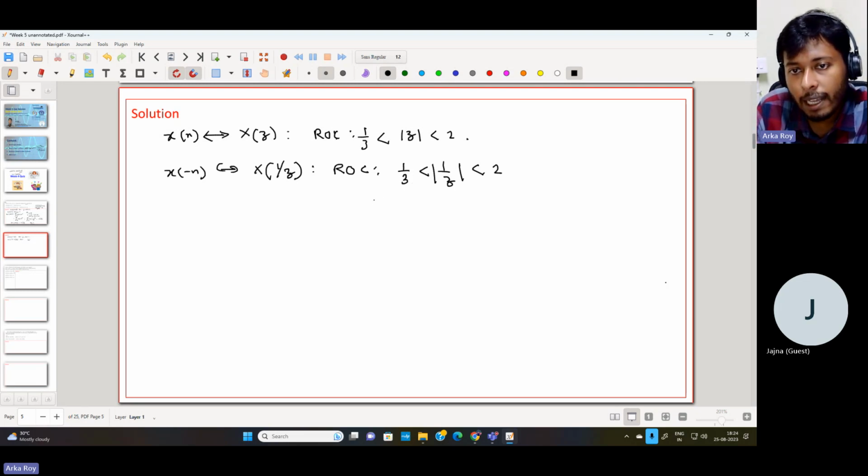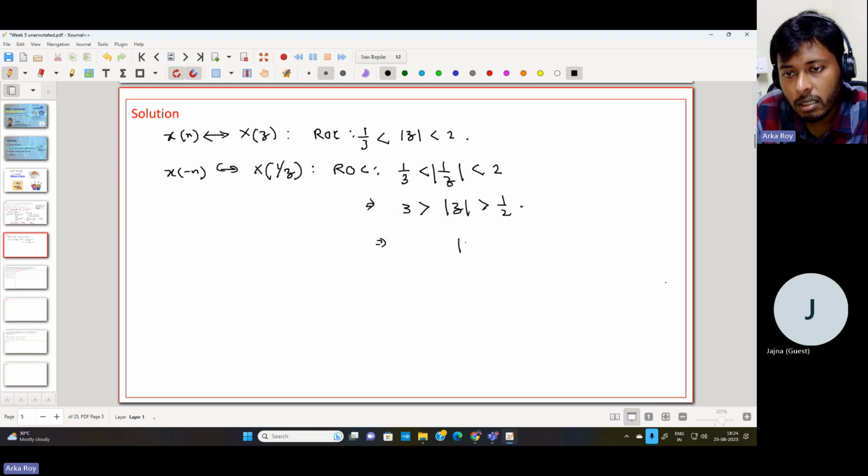So I need to calculate the ROC in terms of mod z. So therefore, let me just reciprocate the inequality. So I will get 3 greater than mod z greater than half. So I can write it as just by interchanging the positions.